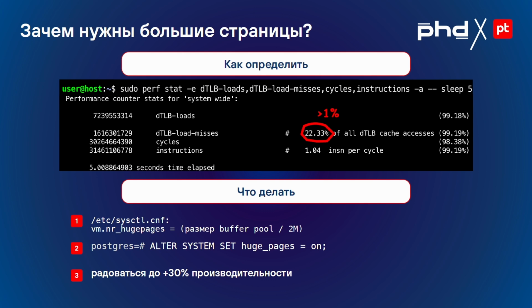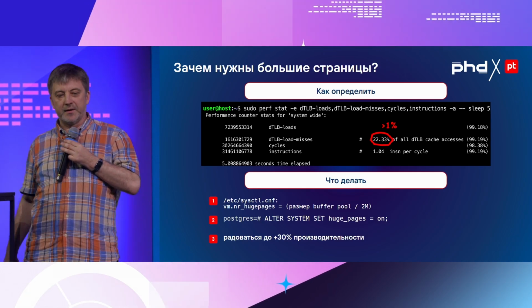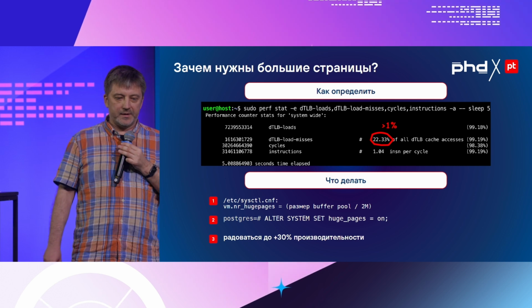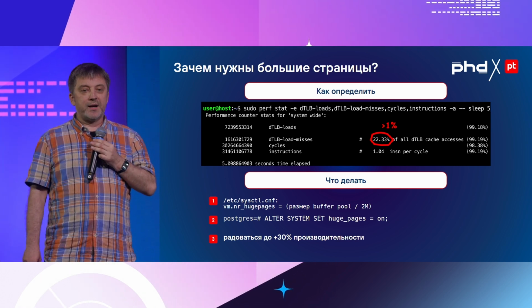It's not covered by tuning tools, but you can assess it somehow, calculate everything, set Postgres up for the use of huge pages, and be happy with a boost in performance of up to 30%. Of course, if you have to reserve something, you'll get a smaller boost. But yes, such a relatively simple thing can be used.